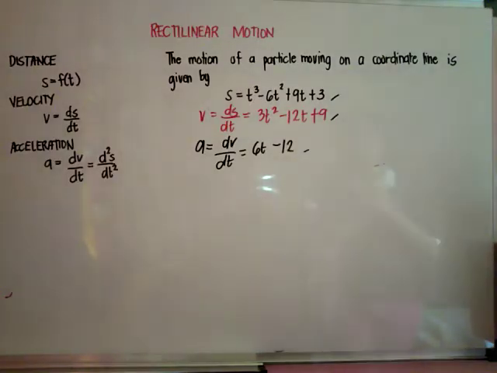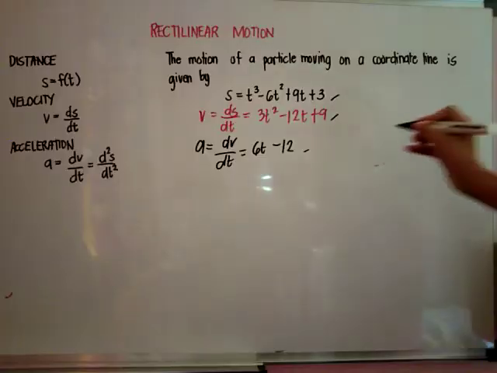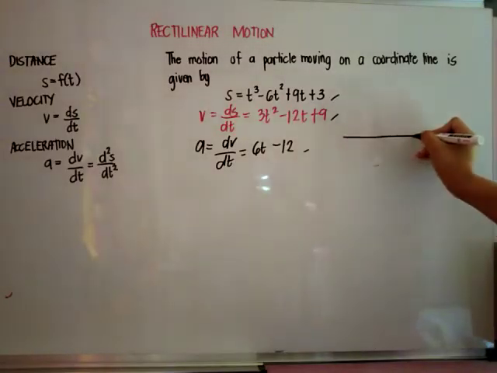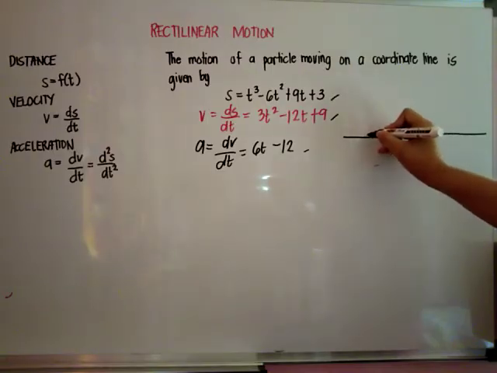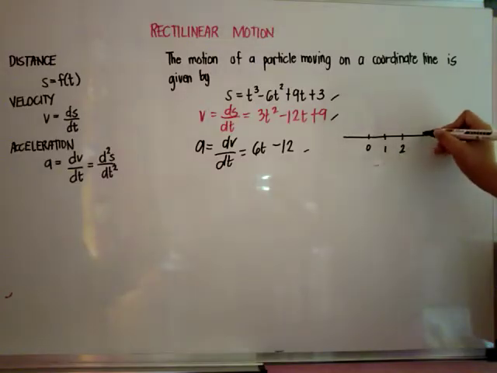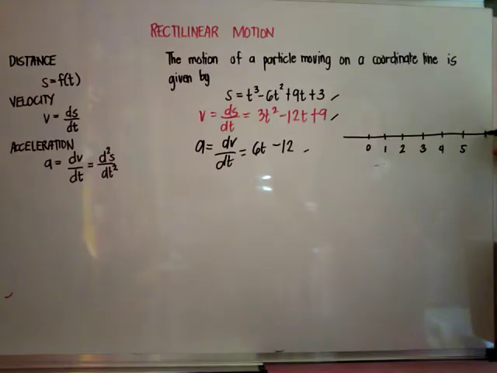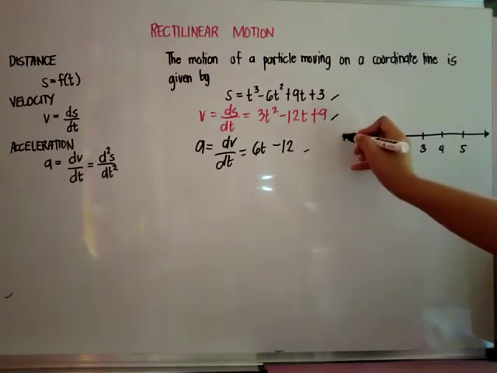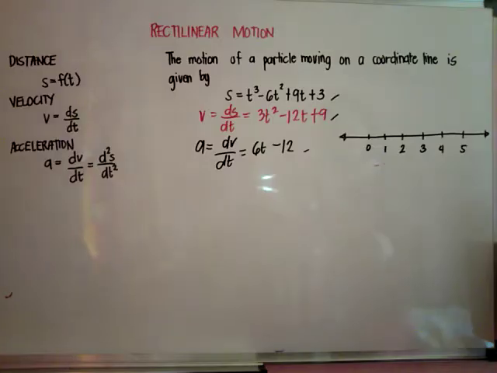So, paano ba natin makikita or i-describe yung motion niya? Sabi nga natin, nagta-travel siya along a straight line. So, let's say, ito yung reference natin. We have 0, 1, 2, 3, 4, 5. Ito yung coordinate line where the particle is moving. So, ano ba yung starting point niya?